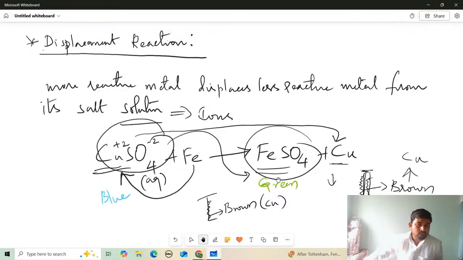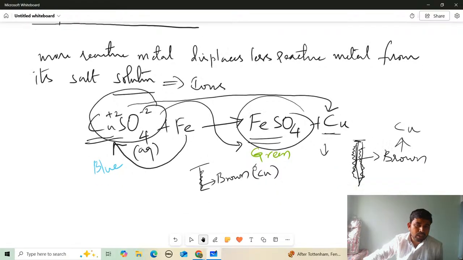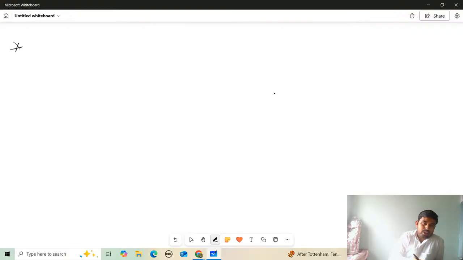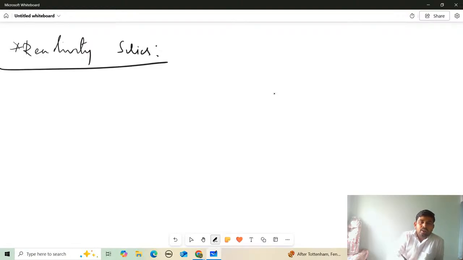Before this, you should know something else: the reactivity series. To understand this reaction, you should know at least the reactivity series. The reactivity series is nothing but a decreasing arrangement of different metals.